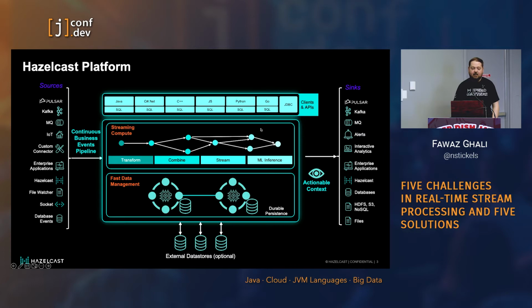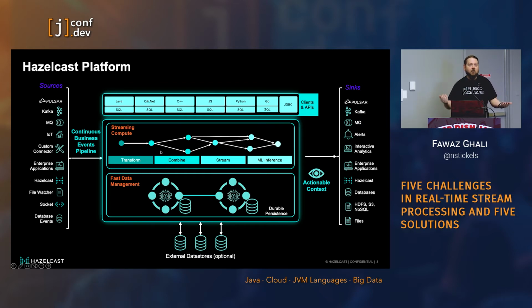The west to east side is our stream processing engine. This is where you can take data from a whole variety of sources that you have here. So basically take data in flight from anywhere and run that through the stream processing engine, which again is in that Hazelcast cluster.